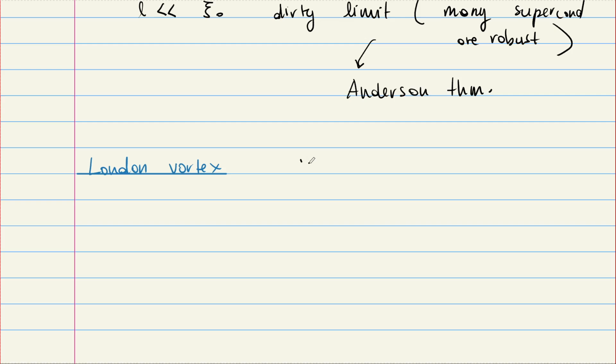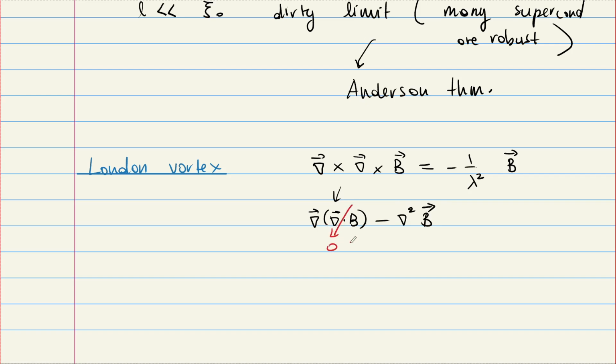So we obtained del cross B is equal to minus 1 over lambda squared B. And like I said, I write this as del dot B minus the Laplacian of B. And this first one is 0 because there is no magnetic monopole.